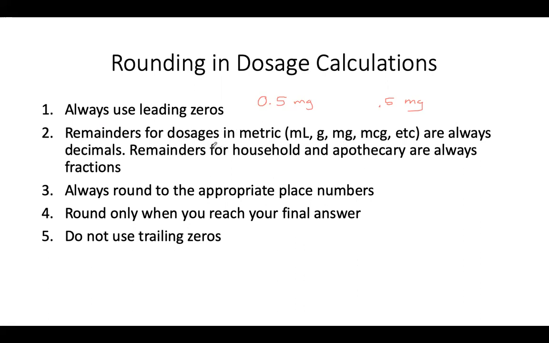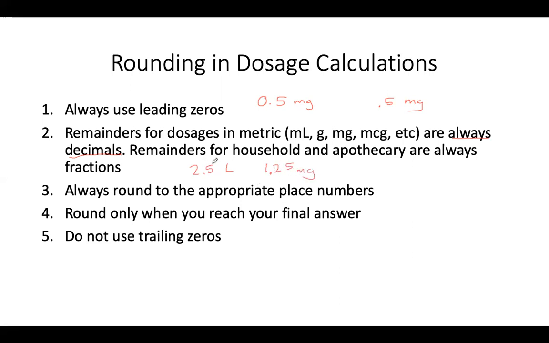If you have a remainder in your dosage and you're using the metric system, so milligrams, grams, kilograms, liters, milliliters, all those things, the remainders are always decimals. So you could have 2.5 liters or 1.25 milligrams.